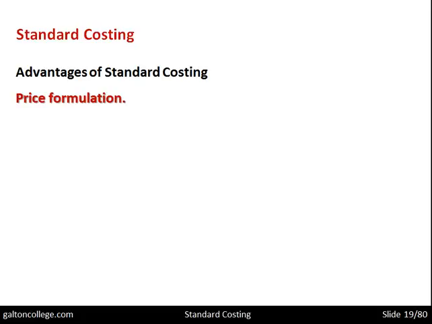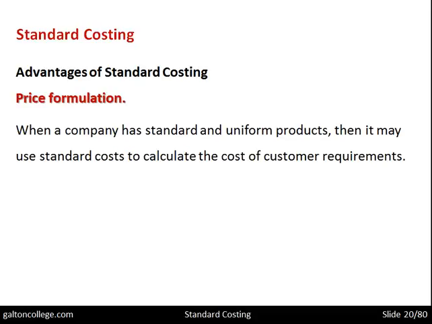Another advantage of standard costing is the price formation exercise. When a company has standard and uniform products, then it may use standard cost to calculate the cost of customer requirements.